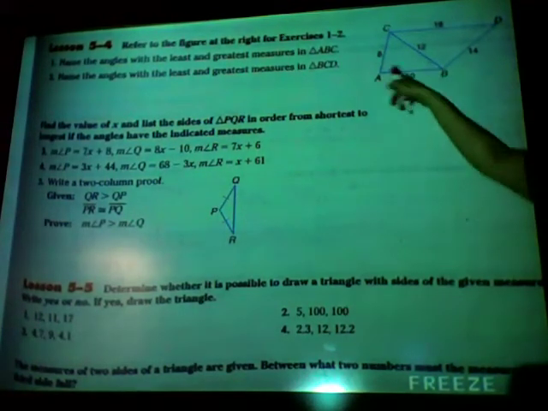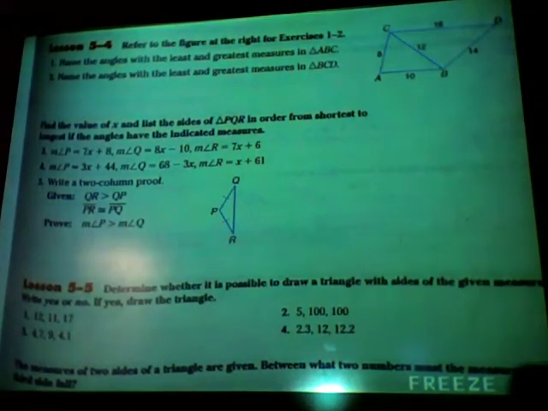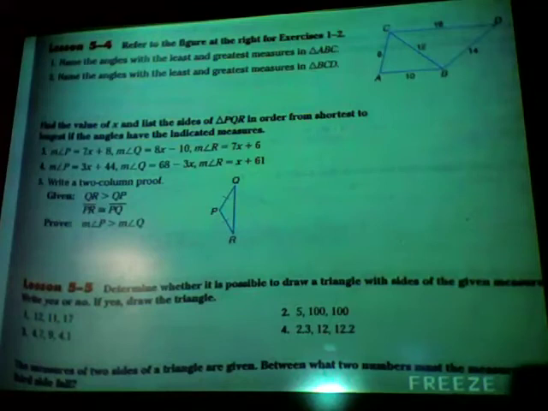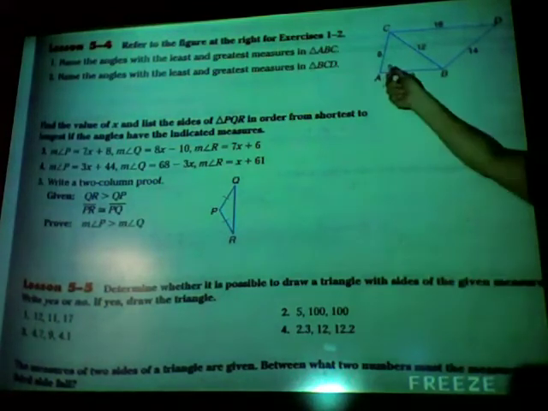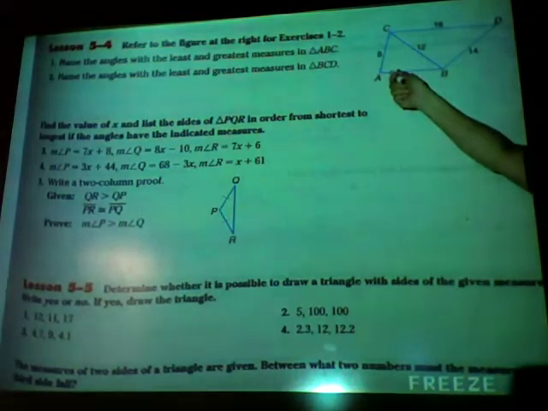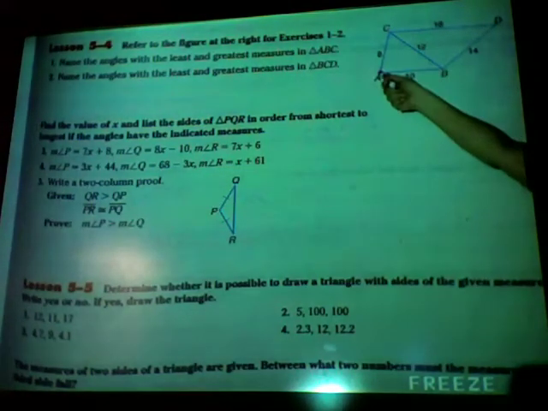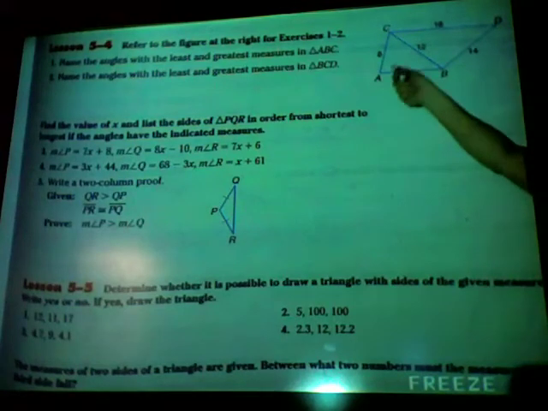So if you look at ABC, what's the longest side? CB, right? So what's the largest angle? Angle A. Isn't angle A the largest angle? According to our theorem, angle A should be the largest angle because it's across from the largest side.